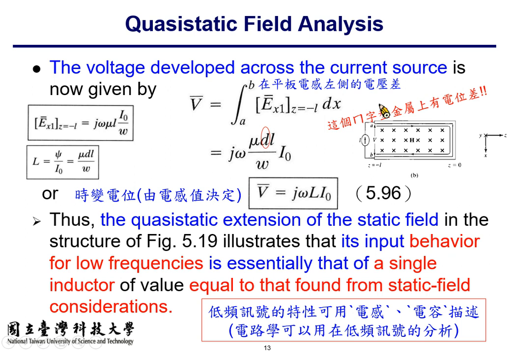So you perform the line integral from A to B, from x equal to 0 to x equals D. And the integration result is this: j omega mu times D L over W times I sub 0. This is the voltage built up at the left end of this structure.